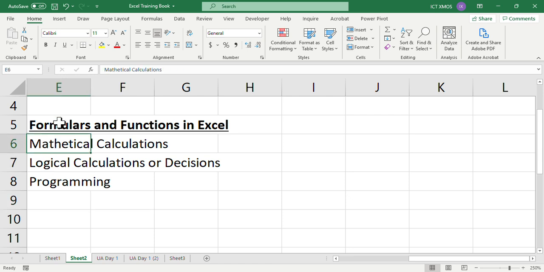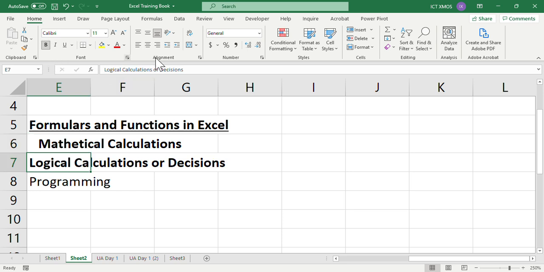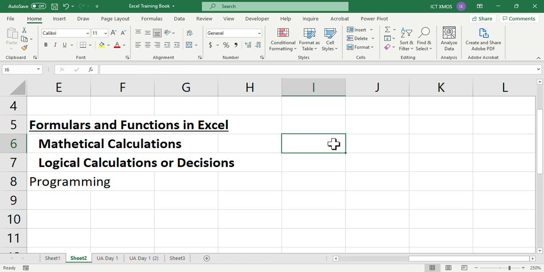The first one, the mathematical. Then the second one is logical. So under mathematical calculations, we have things like this. We have addition or plus.